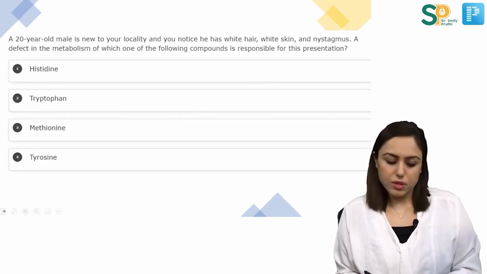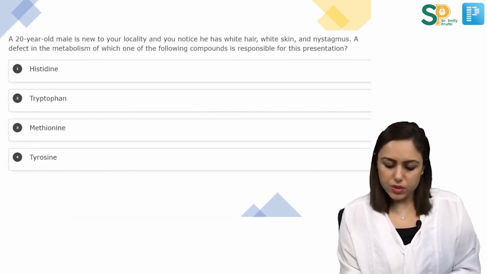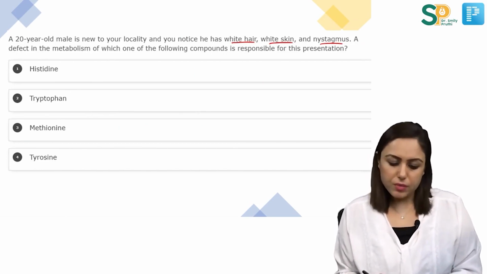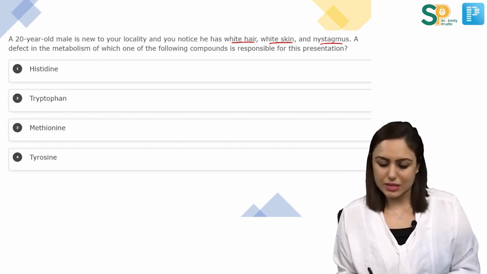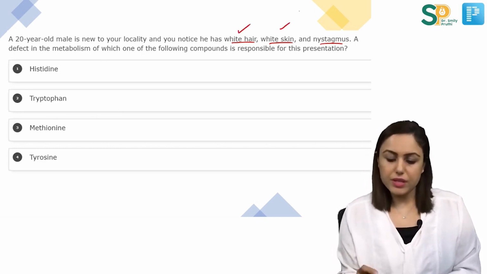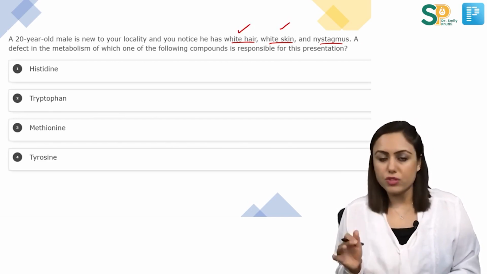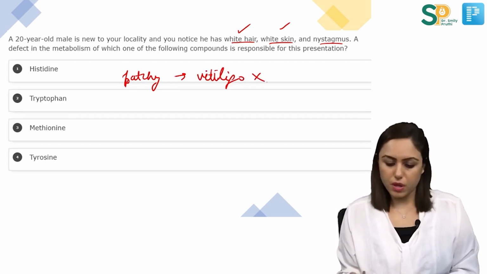Coming to next question, a 20-year-old male is new to your locality and you notice he has white hair, white skin and nystagmus. A defect in the metabolism of which one of the following compounds is responsible for this? So, white hair, white skin, see it is completely white written, not patchy. If patchy hypopigmentation, then the patient has vitiligo. This is not the scenario.